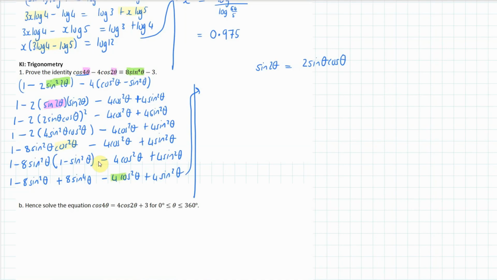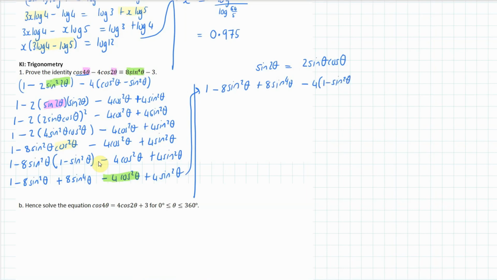I think what we want to do at this point is change this into a sine squared theta. So what we'll get then is 1 minus 8 sine squared theta, because we're trying to get rid of the sine squareds, aren't we? Plus 8 sine to the power of 4 theta minus 4 into 1 minus sine squared theta.